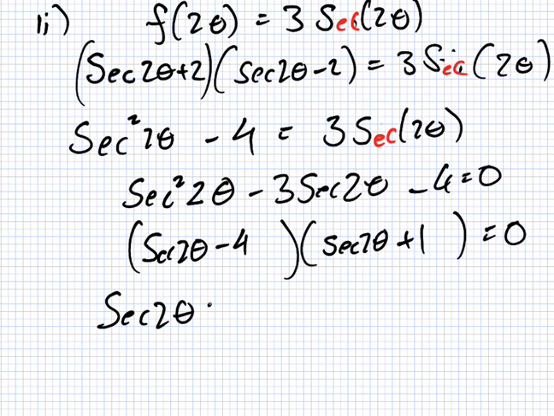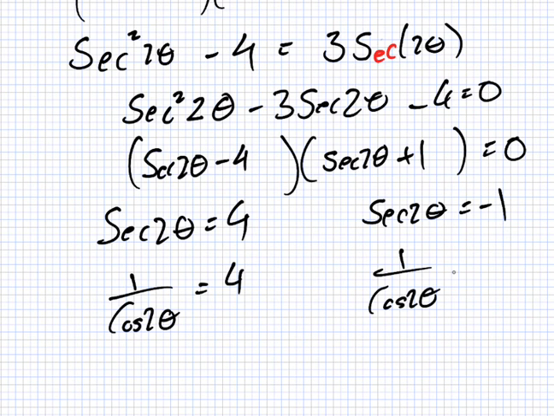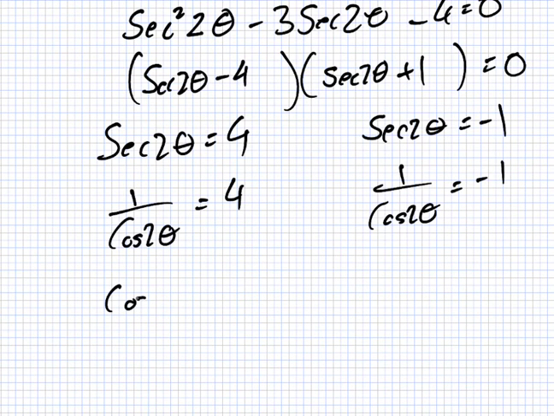Sec 2 theta equals 4, or sec 2 theta equals minus 1. Now we have to do something with this. Sec is 1 over cos. So you have 1 over cos 2 theta equals 4, and 1 over cos 2 theta equals minus 1. So that means cos 2 theta equals 1 over 4, cos 2 theta equals minus 1.